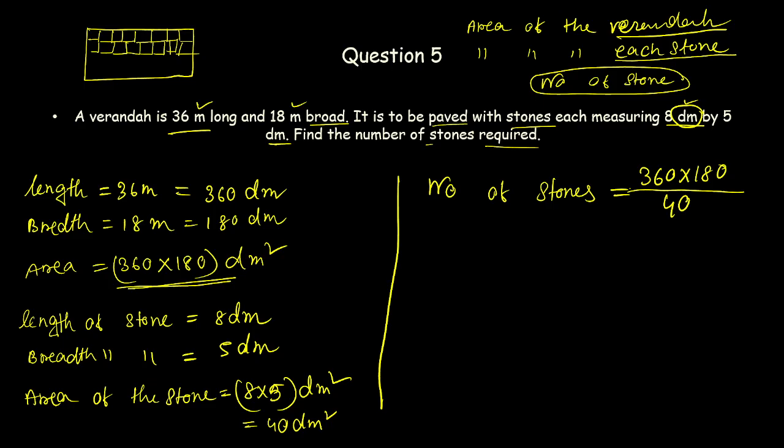The stone's area was easy: 8 into 5 is 40. Now division: the zeros cancel out, 4 nines are 36, so this is 90. So 90 into 18, 18 into 9 is 162, and a 0, that is 1620. That is the answer, the number of stones.